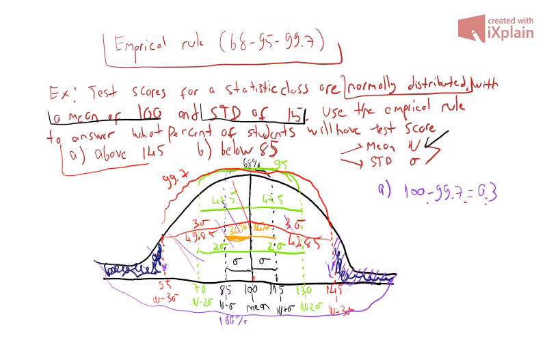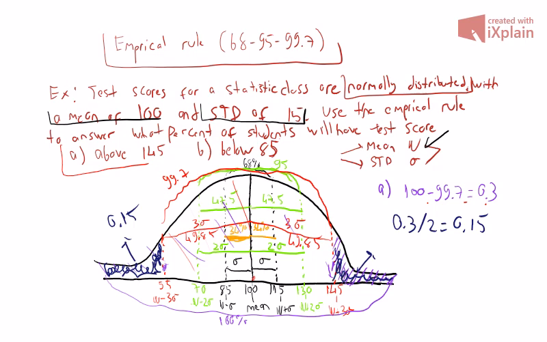But since this is symmetrical, I can take the 0.3% and divide it by 2, right? So 0.3% divided by 2 is 0.15%. So this area here is 0.15% and this area here is 0.15%. So that means my answer is 0.15% because it was asking me to calculate the area beyond 145.